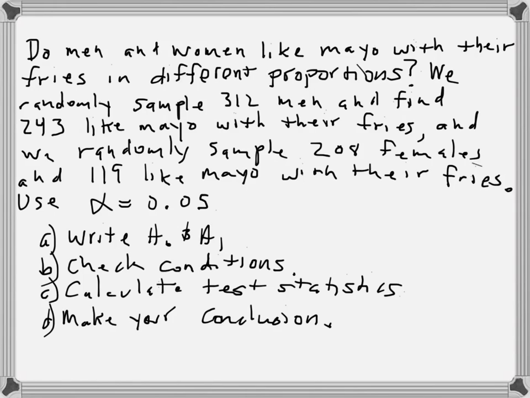We also randomly sample 208 females and find that 119 like mayo with their fries. We'll use a 5% significance level, alpha equals 0.05. So we'll write the null and alternative hypotheses. We'll define the parameter. We'll check the necessary conditions, calculate the test statistic, and finally make our conclusion.